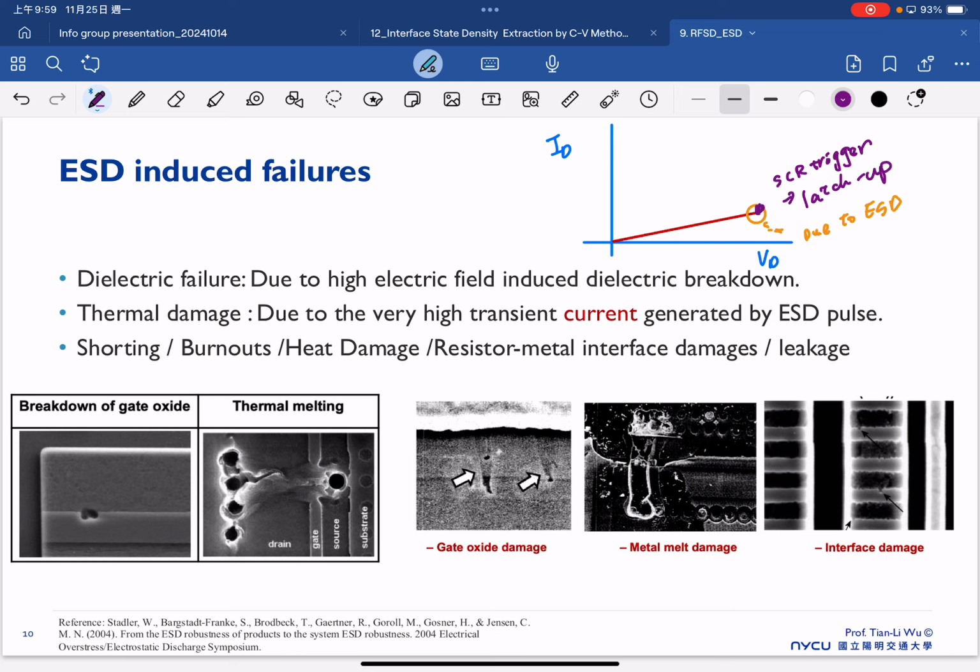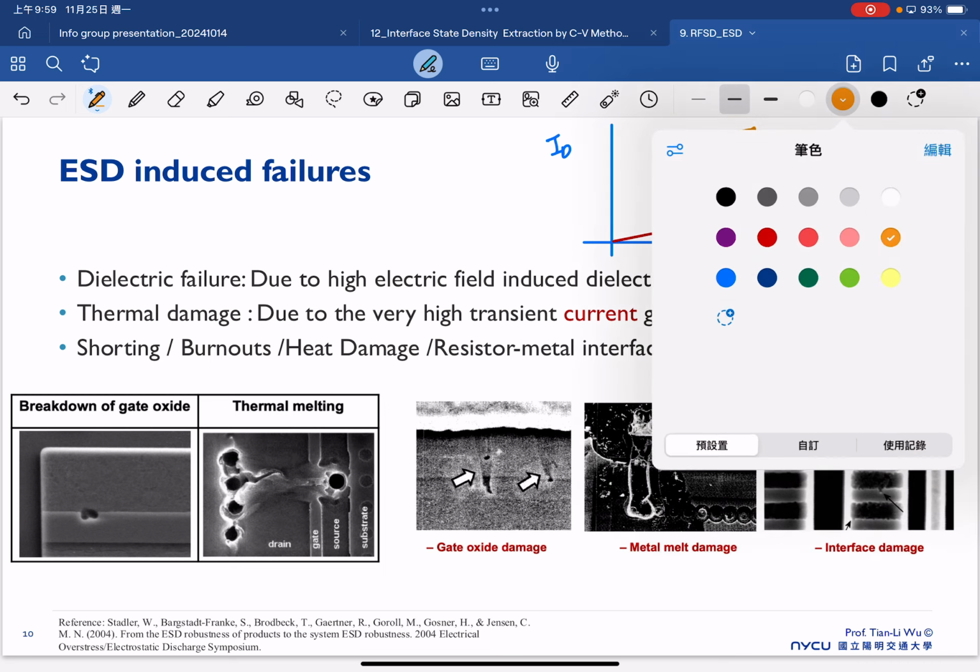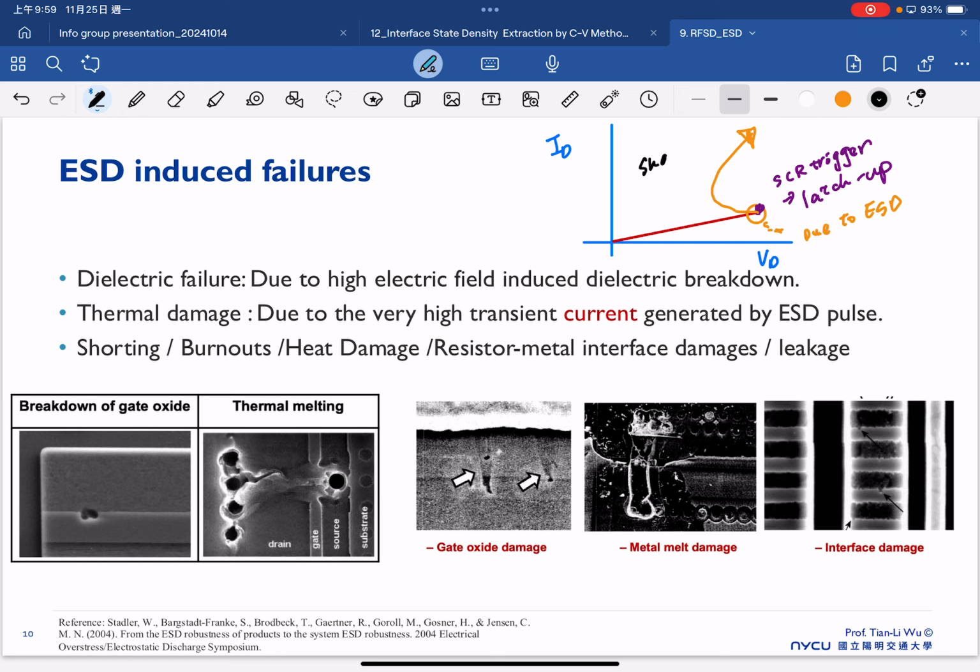Once the transistor is in the latch up, that means we start to see high current happening. This is the event we have explained previously. This is what we call the snapback.